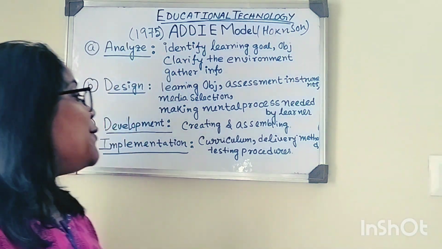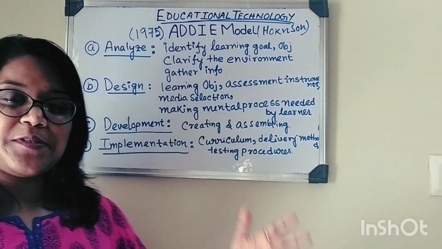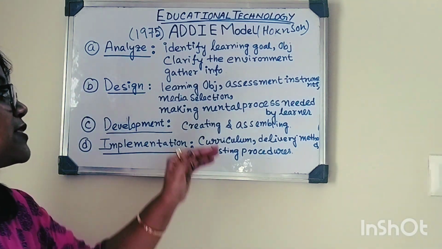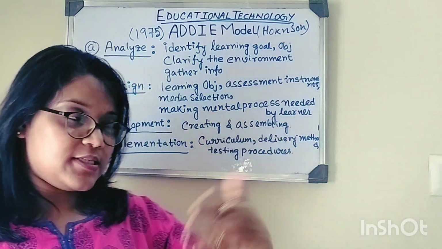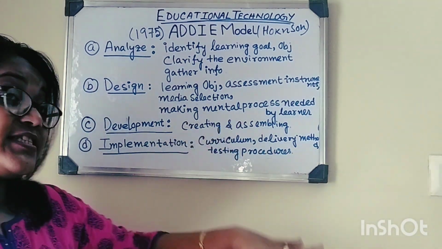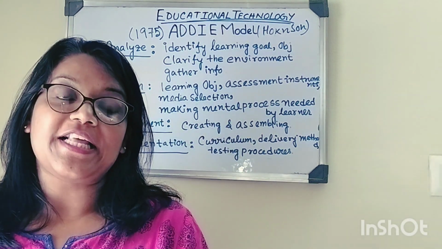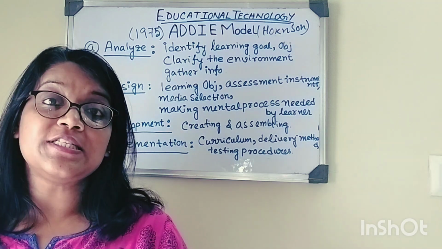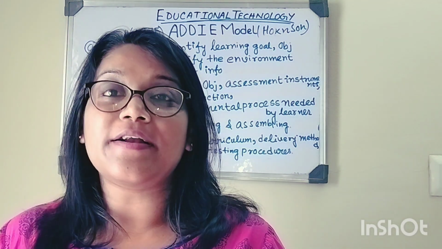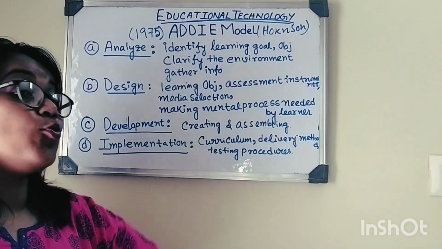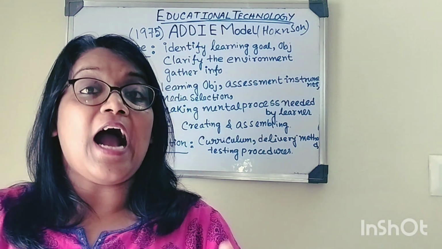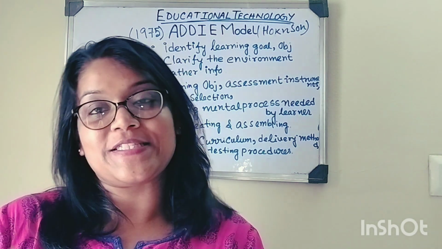Different types of training cover curriculum, delivery method, learning content or the subject matter, and the testing procedures also. The project manager ensures books, hands-on equipment, CD-ROMs are in the correct place. So in the fourth stage, we have to implement our created course design.